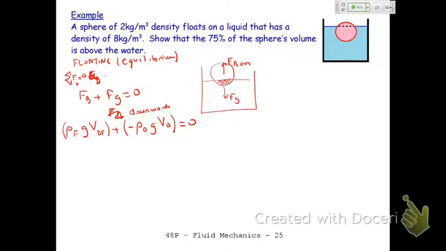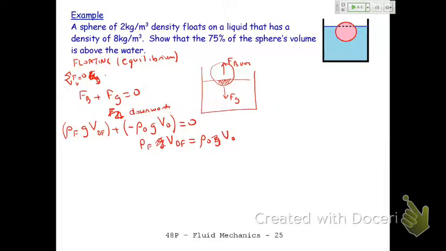So then I say, okay, I got numbers, so let's do the numbers. But let's hold off on the numbers. Let's rearrange. Density of the fluid times G times the volume of the displaced fluid is equal to the density of the object times G times the volume of the object. Let's cancel out what I can cancel. My G's go away.